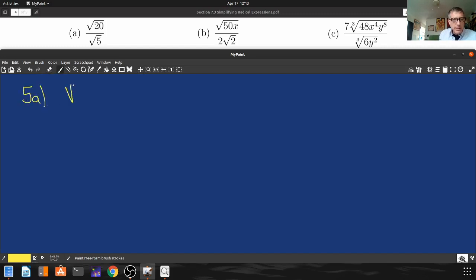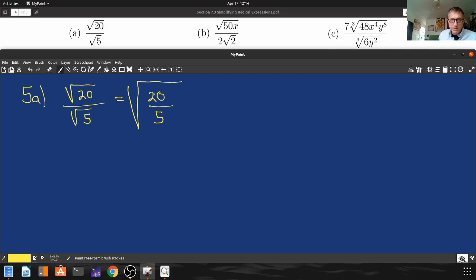So we're going to be looking at the square root of 20 divided by the square root of 5. Now 5 is prime. I can't do anything with that. But before we do anything, let's apply the quotient rule. That's the square root of 20 divided by 5. Okay, well that's something because I don't need to do any factorizations here.